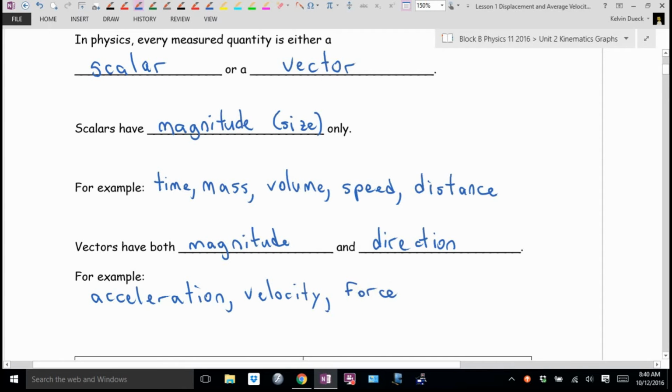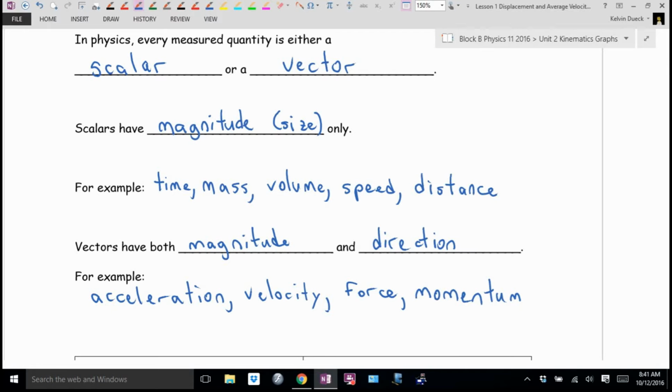Force, it makes a difference which way you push on something. How hard you push does also make a difference, but which way you push also makes a difference. Momentum. And many others.